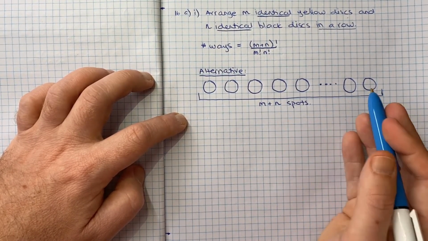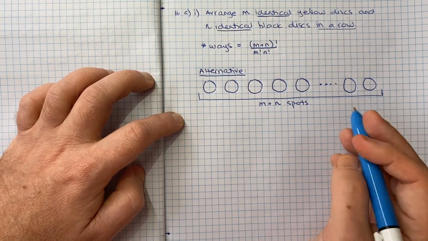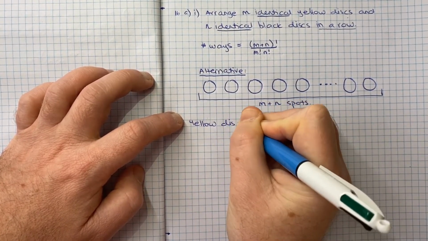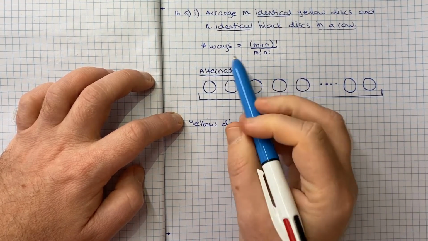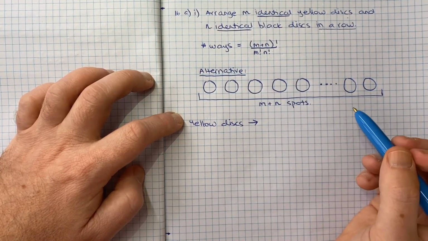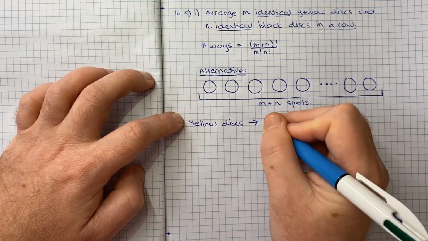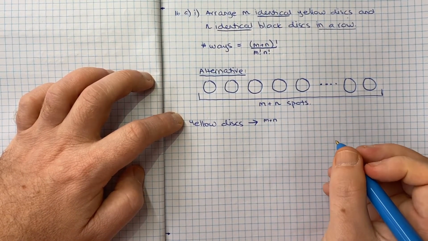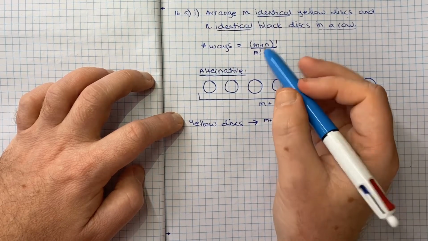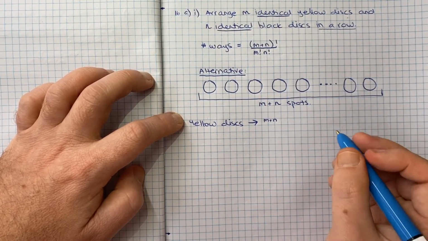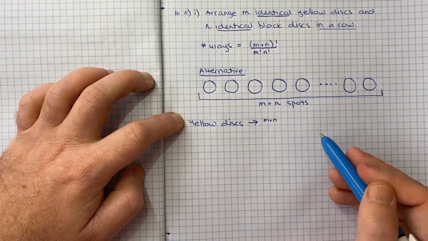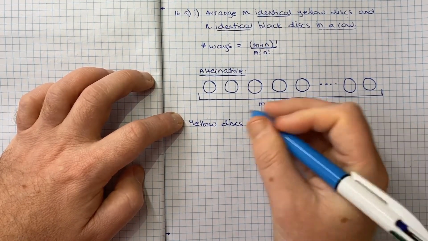And so if you think about it from that perspective, you could say for the yellow discs, how many ways could they be put into various spots? Well, there's M plus N spots for the yellow discs to go into, and there's M of them that we want to place in, and because they're identical, we use the combination.